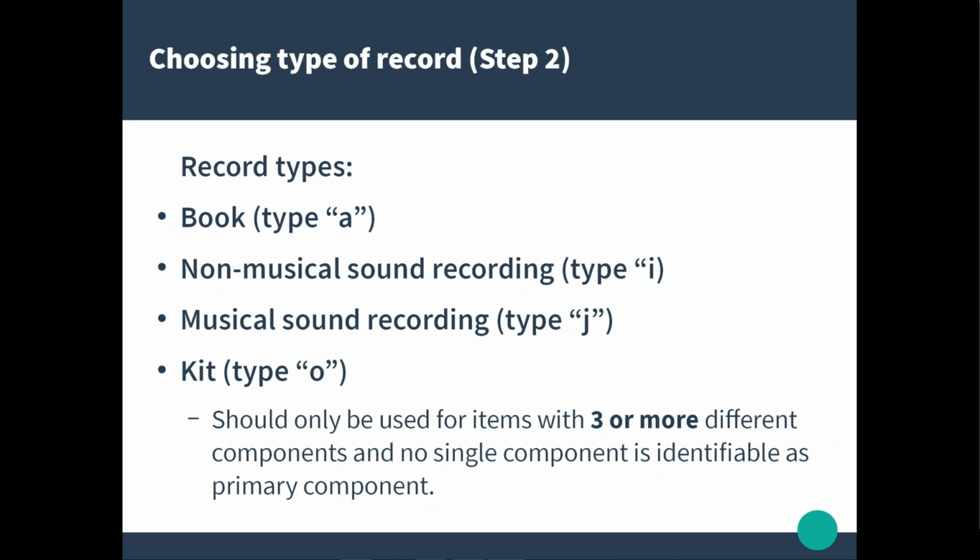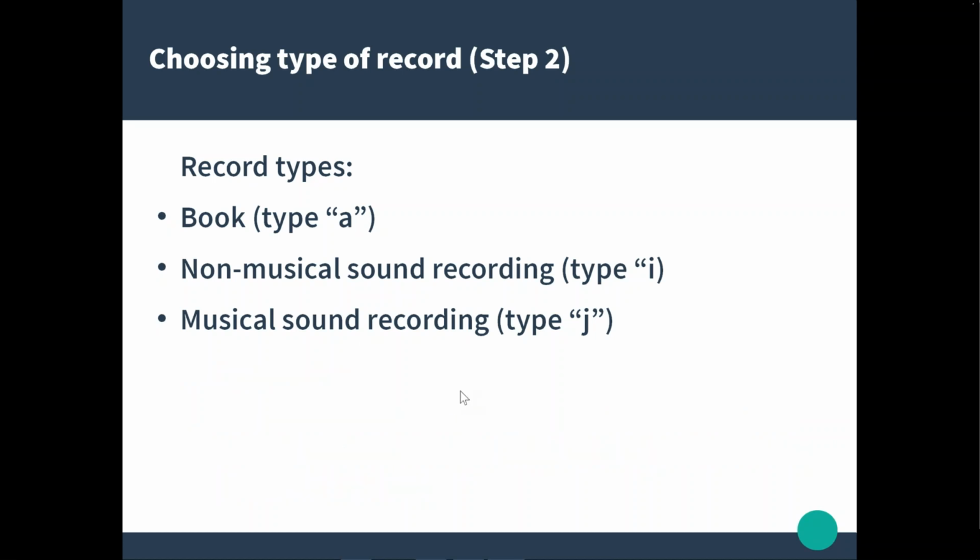Again, if you're importing records, you might see an option to choose the type O record. But as I said, at least as far as Sage is concerned, we're no longer recommending that you choose that type, because technically a kit is only for 3 or more different components. So really we want to just concentrate on type A records, type I records, and type J records, okay?